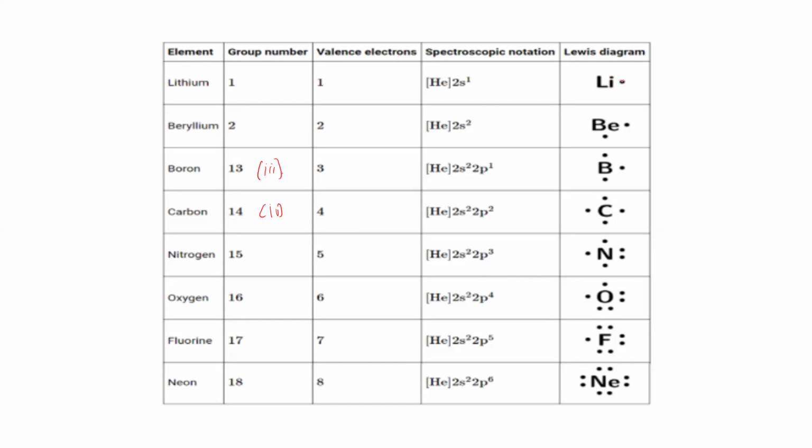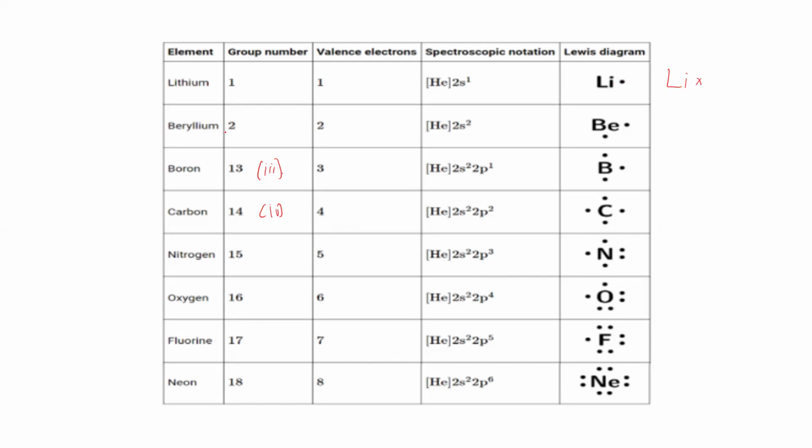This dot simply means the valence electron. Okay, so around the lithium, we can see we have only one dot. We can do it in the form of dots, or you can do it in the form of crosses. So this dot or cross is only one surrounding the lithium. Why? Because this dot or cross indicates the valence electron. Okay, so lithium has only one valence electron, then we have one dot surrounding lithium.